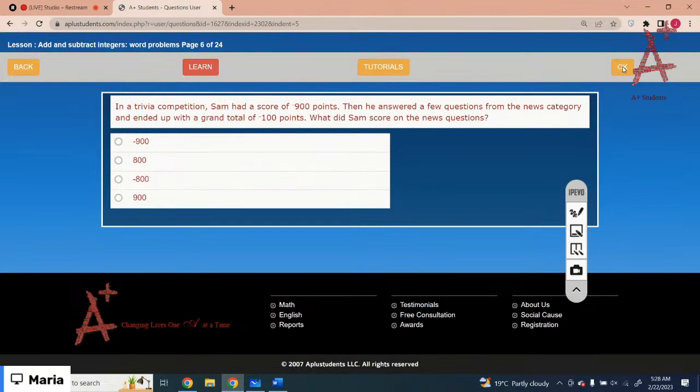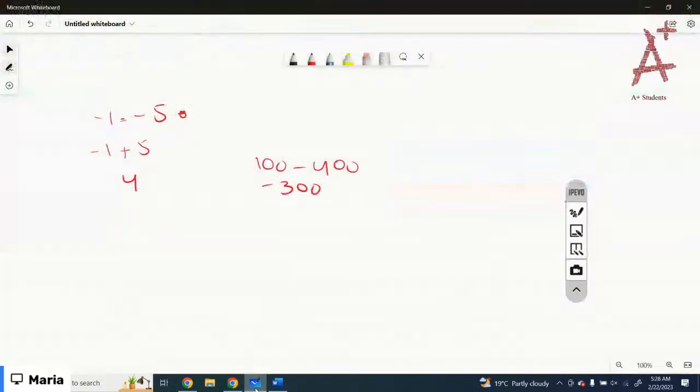He already had negative 900, so you have to do negative 100 minus negative 900. Subtracting a negative integer is the same as adding. So it would be negative 100 plus 900. Got it? The answer is 900 minus 100, which is 800.